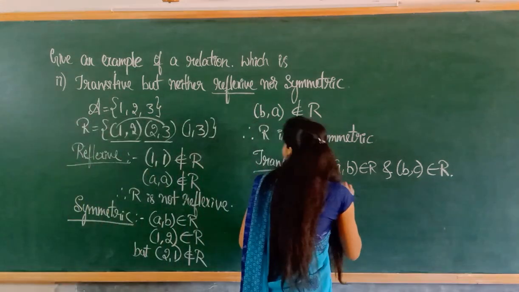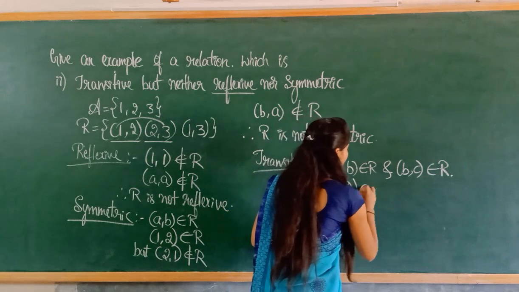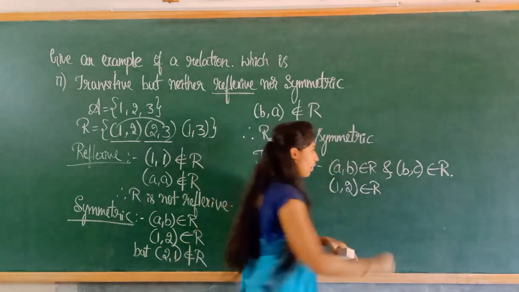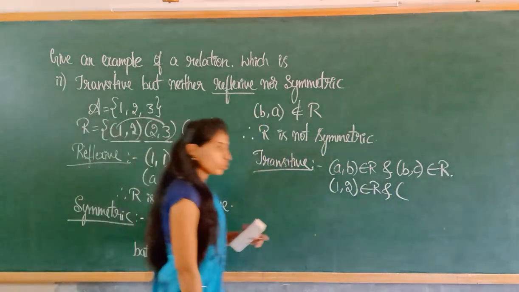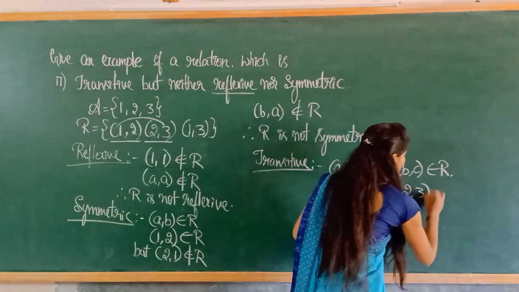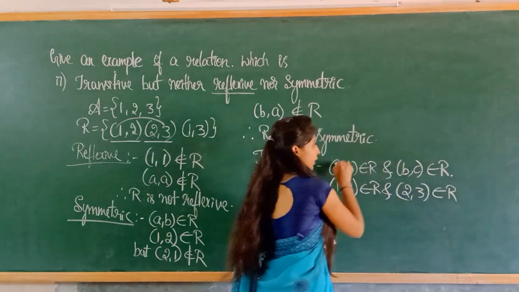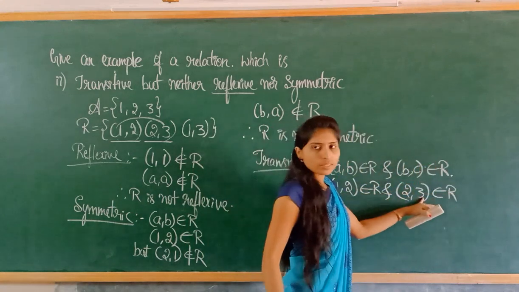See, (1, 2) belongs to R, and for (b, c), what? (2, 3) also belongs to R. Then (a, c), that is (1, 3), is also in this set.